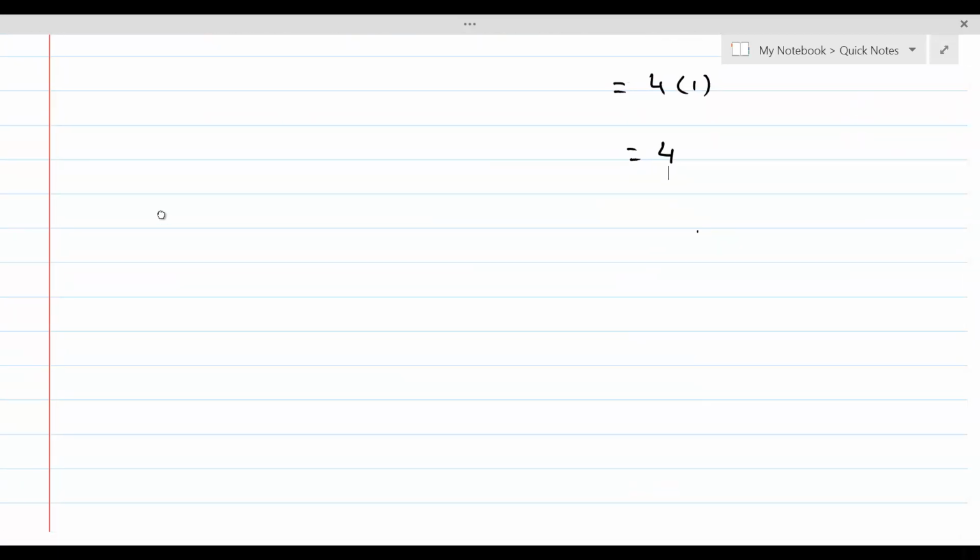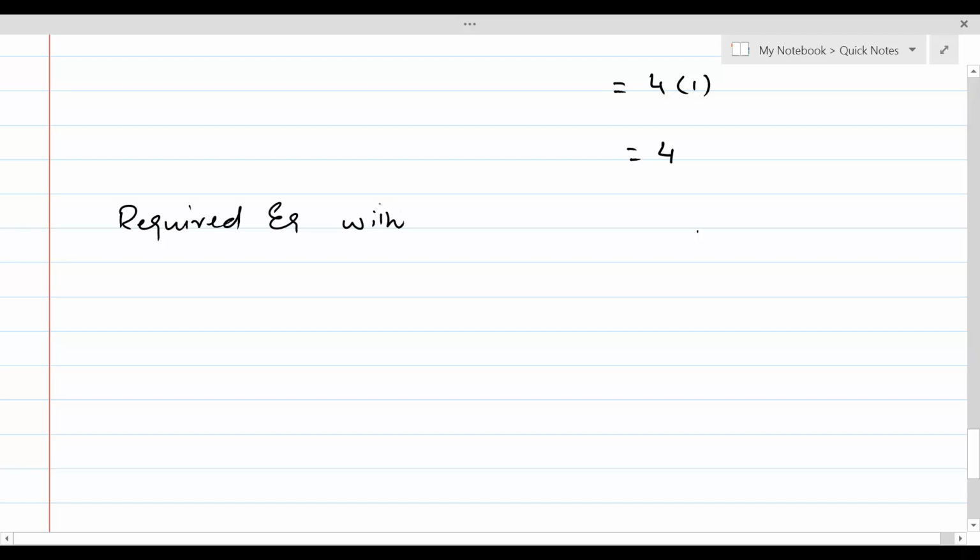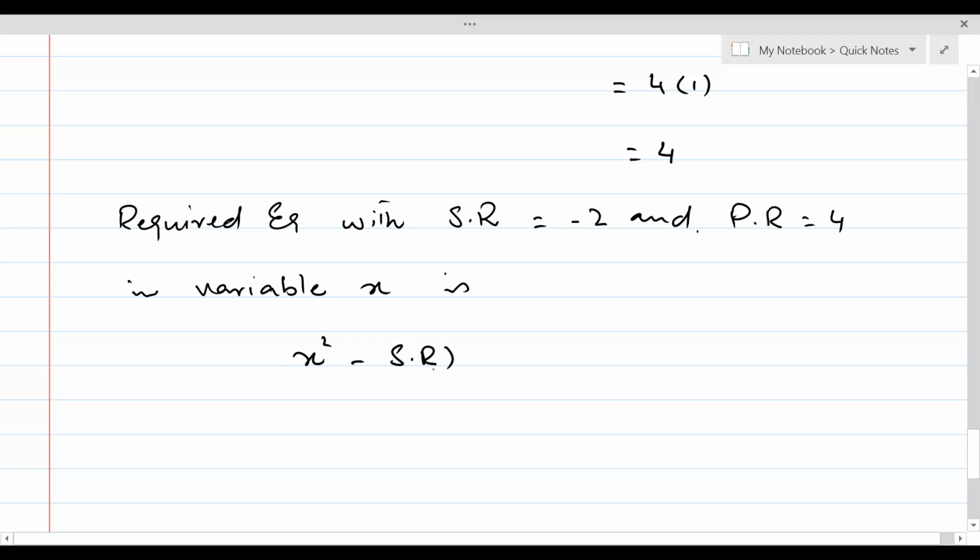Therefore, the required equation, with SR, the sum of roots, equal to -2 and PR, the product of roots, equal to 4, in variable x is x square minus sum of roots times x plus product of roots equal to 0.